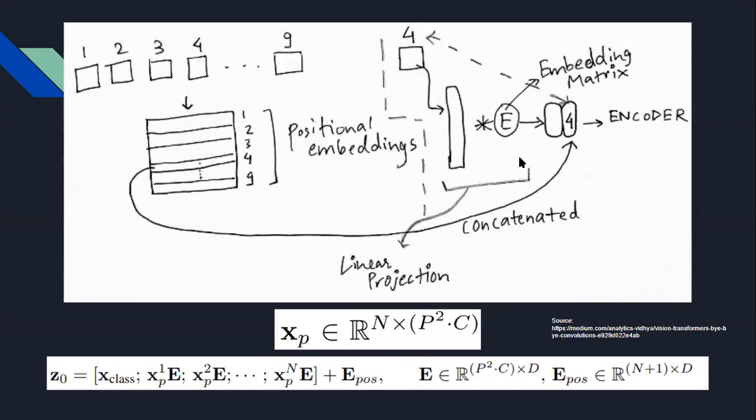The other thing it passes in is a positional embedding, because transformers are positionally invariant. If you were to pass these patches in a different order, you would still get a similar answer. So you need to pass these positional embeddings along with the patches so that the network can understand positioning.